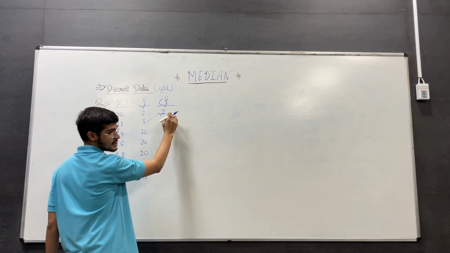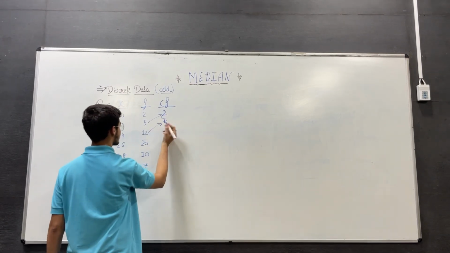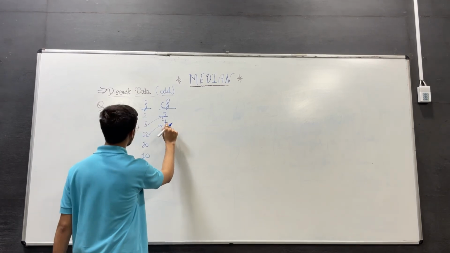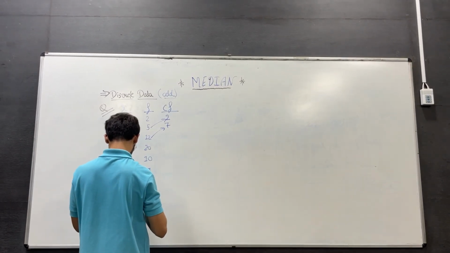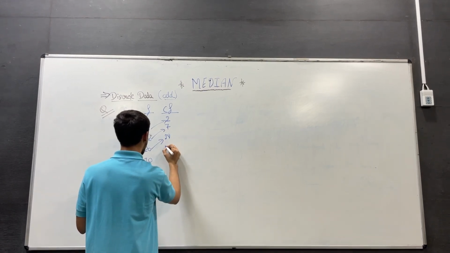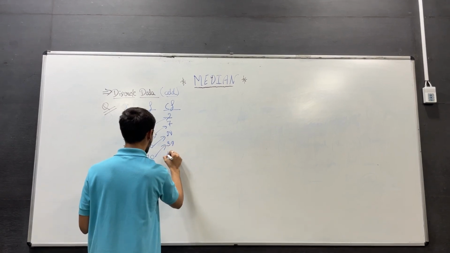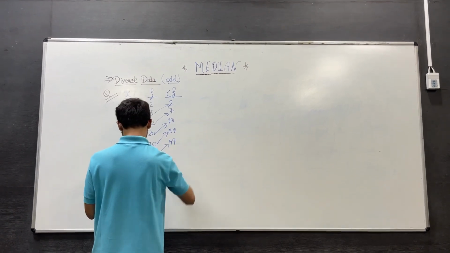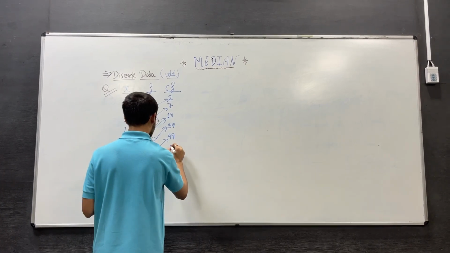So 5 plus 2 will be 7. 12 plus 7 will be 19. 19 plus 20 will be 39. 39 plus 10 will be 49. 49 plus 7 will be 56.